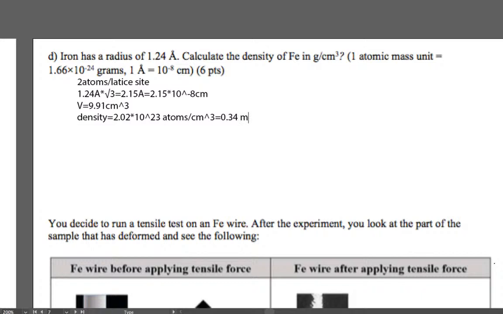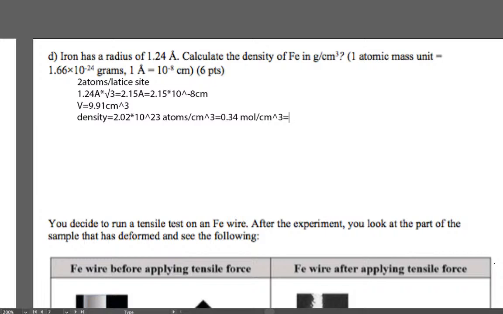moles per centimeter cubed. So yeah, basically we need to convert from the mole into grams, which is why we have our periodic table. Iron, that's 26, that's 55.845.